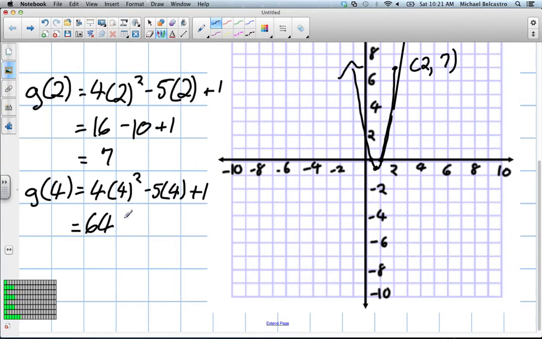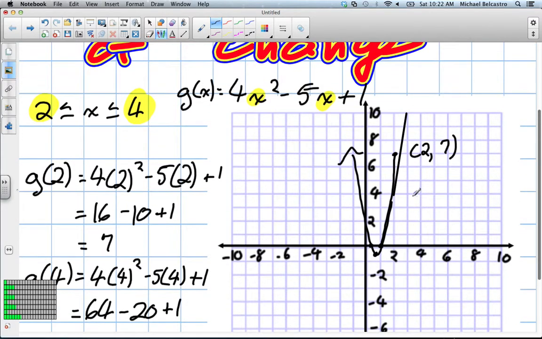Yeah, it's 64. Okay? Minus 20 plus 1. Think of it like this. 44, I think it's 45. Take 20 off that. 44 plus 1, 45. Yeah, okay. So our other coordinate at 4, we were way off. It really needed to go much, much higher, right? So let's just say we're at 4 and 45.